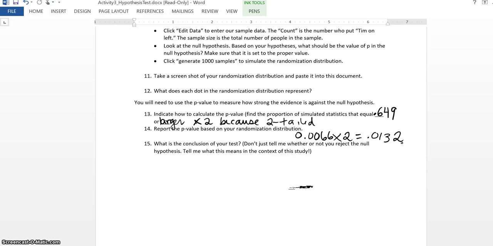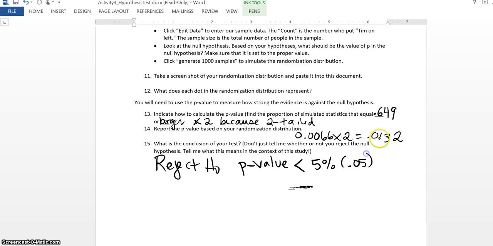Because this is something that probably wouldn't have happened if the null hypothesis were true, this small p-value, less than our significance level of 5%, is going to lead us to reject the null hypothesis. So we're going to reject the null hypothesis because our p-value is less than our 5% level of significance. What this means is that we have strong evidence in favor of the alternative.